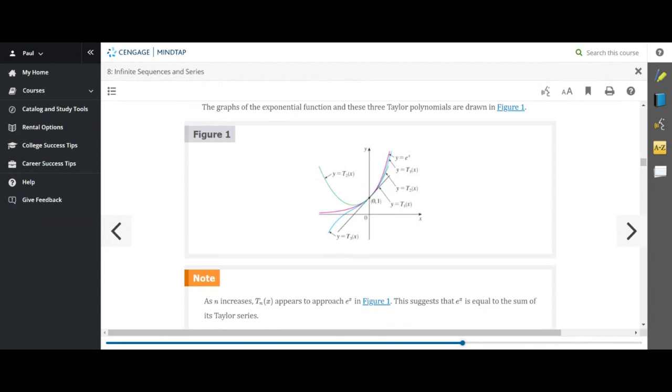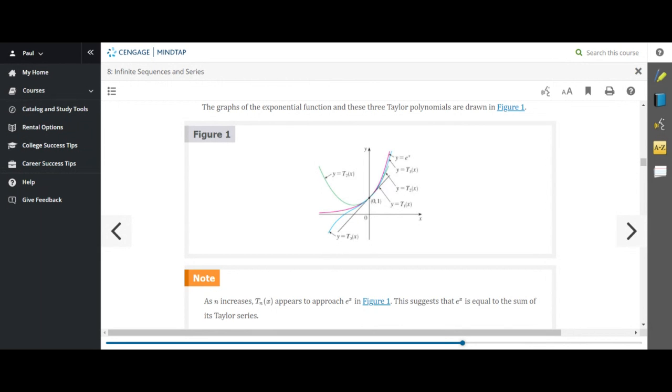If you look about the origin or the x-axis, look at the exponential function. These polynomials do a good job approximating it up to a point, but then they fail. But which polynomial seems to do the best job over the widest range of x values?